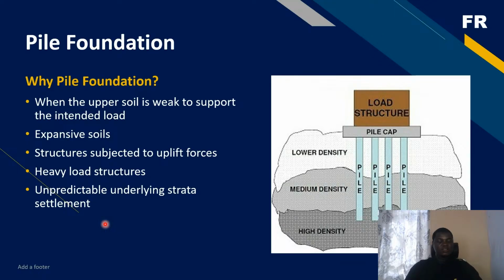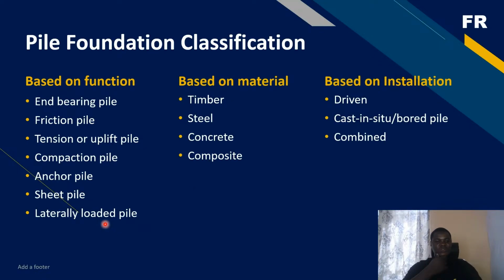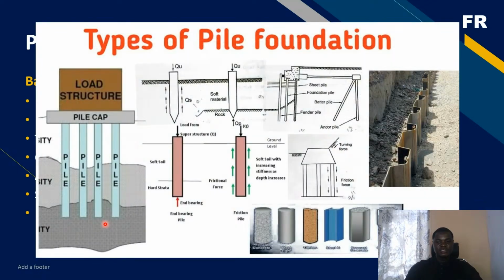So now let us talk about the different types or forms of pile foundation that we have. In order to explain this, if you look at various textbooks, it is generally divided into about three forms. But to make it simpler and easy, I'm just going to explain it using this diagram.